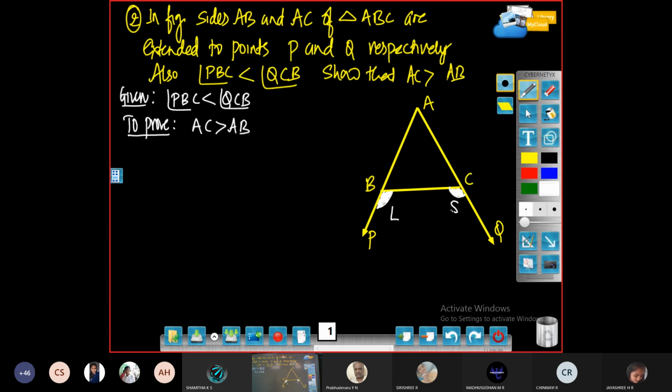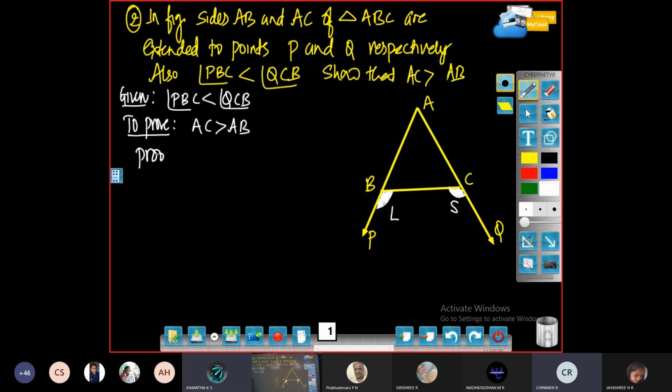But we have to compare the sides of the triangle ABC. The angles given are not inside the triangle, they are not the interior angles of triangle ABC. So we need to know the relation between the interior angles of the triangle ABC. Now tell me how to connect this exterior angle to the interior angle.